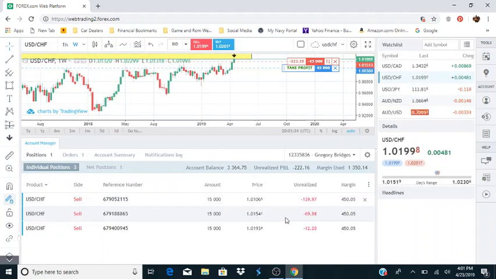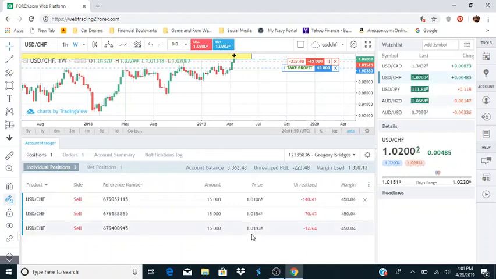So today is 4/23/2019, and while I was playing around with my phone, I accidentally put in another trade for sale for another 15,000 lots, and I got in at the 1.01934 range.